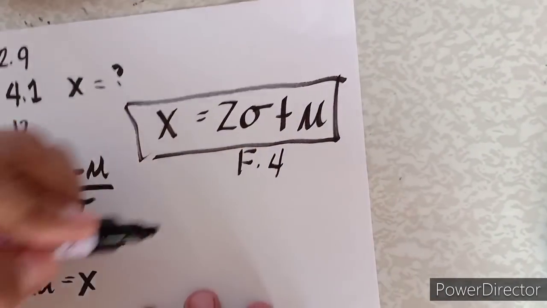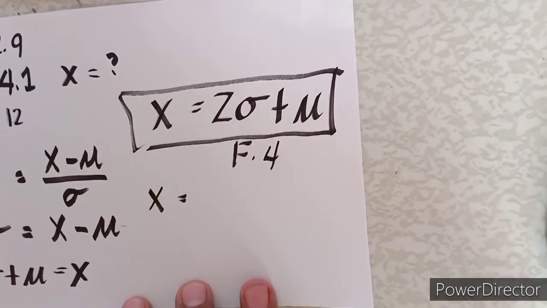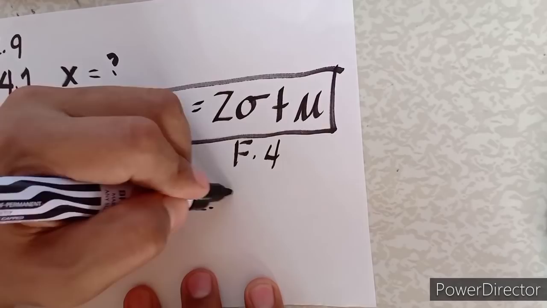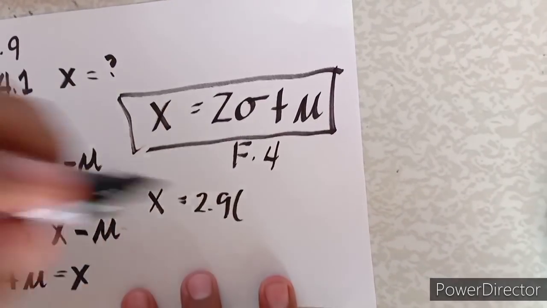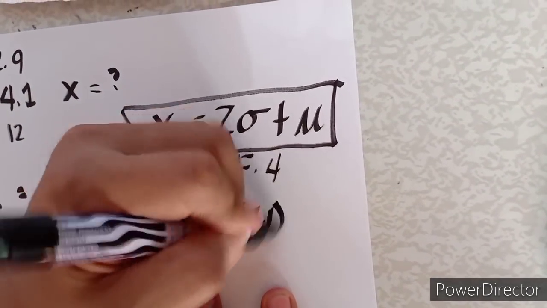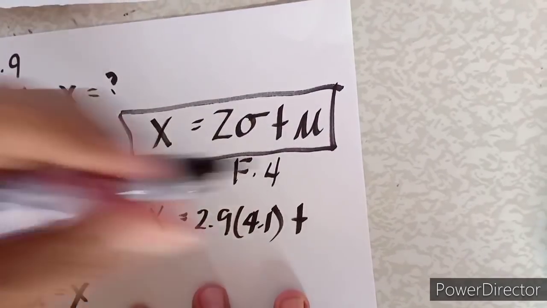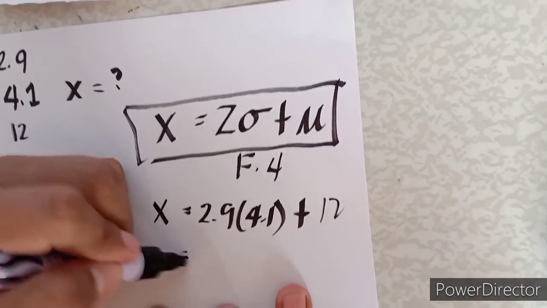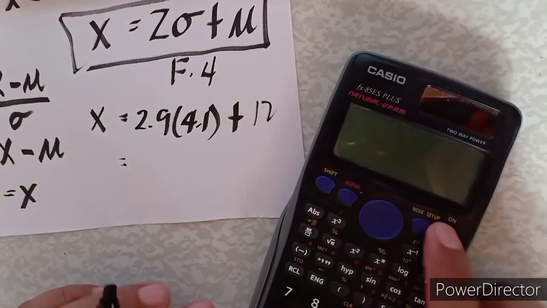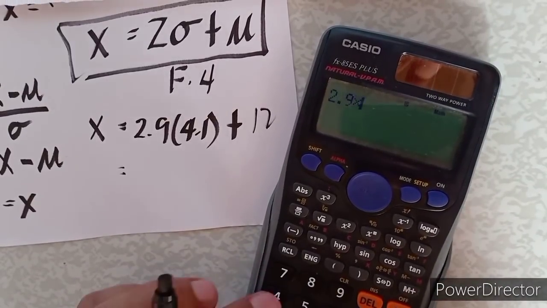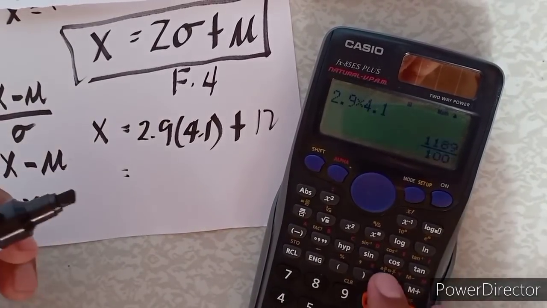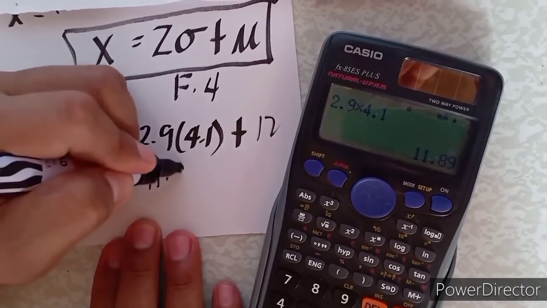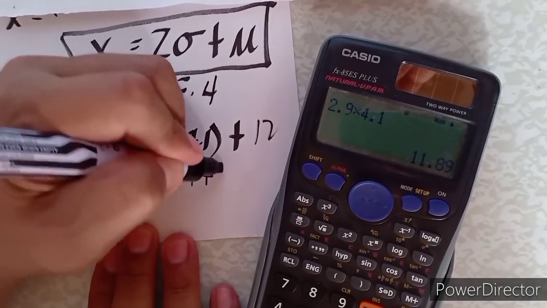By substitution, X is equal to Z, which is 2.9, times standard deviation, which is 4.1, plus 12. Using our calculator, 2.9 times 4.1 is equal to 11.89, plus 12.